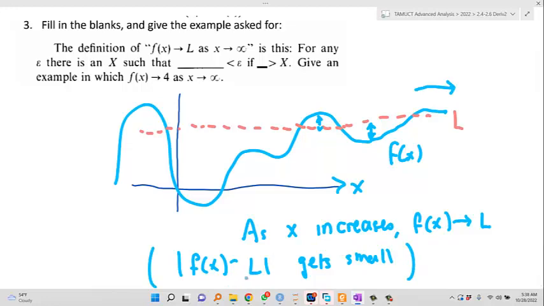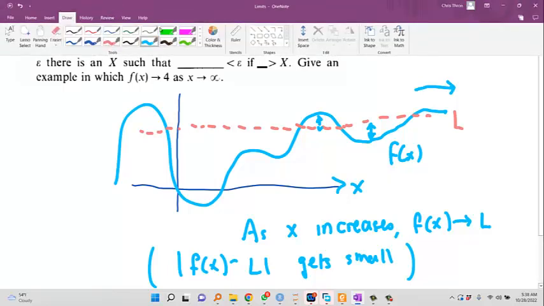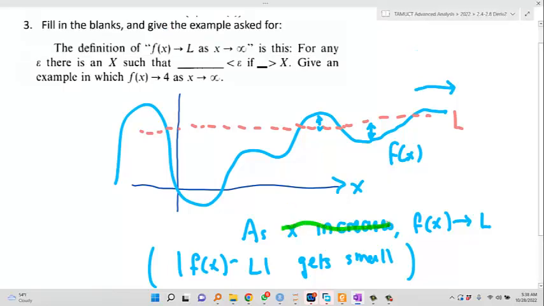Okay, so look at one thing. You've got two things going on. You've got x increasing. You've got x getting bigger. So that's this part. X is getting bigger, x is increasing. And this is getting smaller. All right, so you've got these two things going on. One thing gets big and one thing gets small. Now compare that up here.